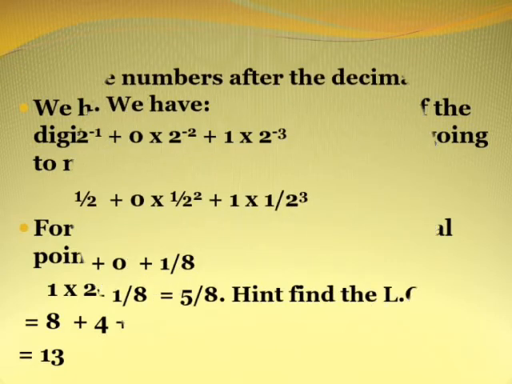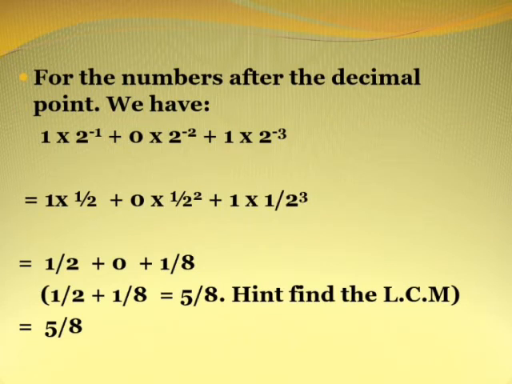For the numbers after the decimal point, we have 1 times 2 raised to the power minus 1 plus 0 times 2 raised to the power minus 2 plus 1 times 2 raised to the power minus 3. This will give us 1 times 1 over 2 plus 0 times 1 over 2 squared plus 1 times 1 over 2 raised to the power 3. This will give us 1 over 2 plus 0 plus 1 over 8. When you add up, you have 5 over 8.